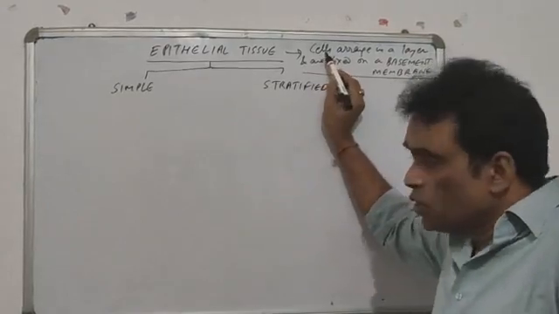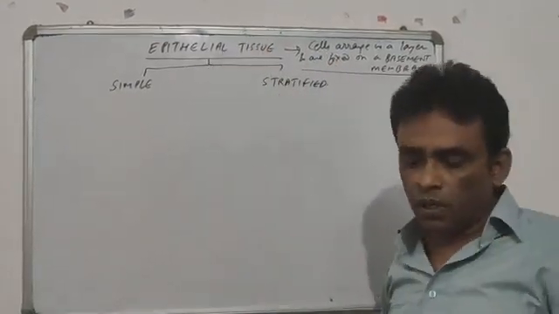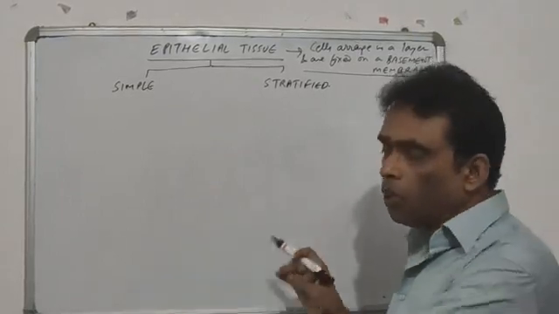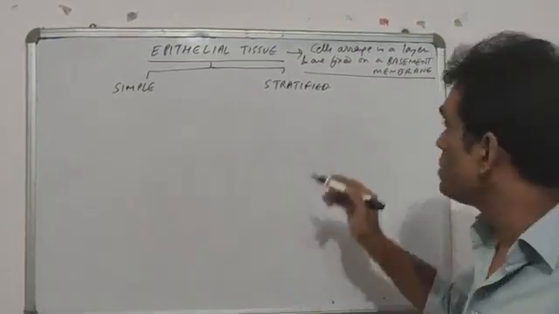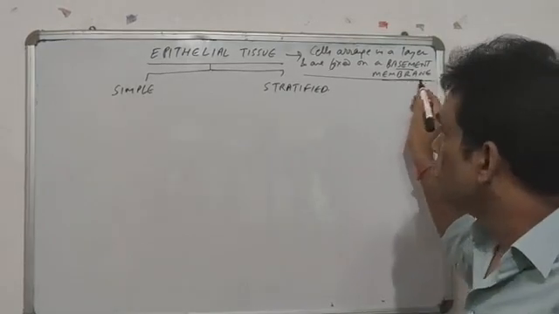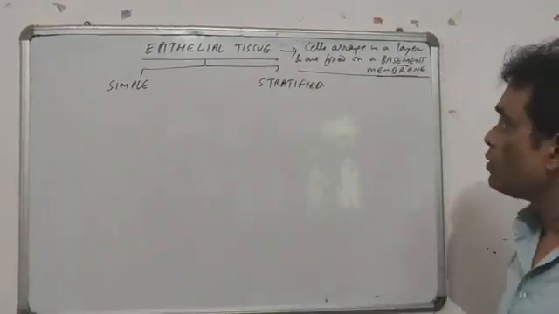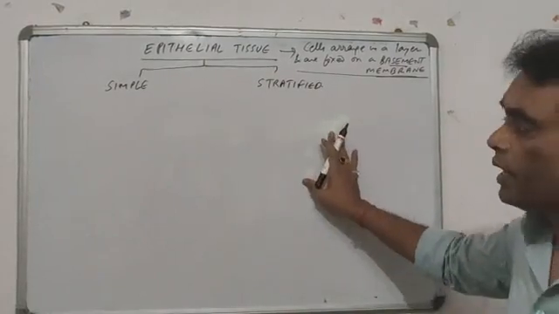All the cells which join to form epithelial tissue are attached to a thick membrane at the bottom. That membrane is called the basement membrane. It is a specialty of epithelial tissue because basement membrane is not found in any other animal tissue.